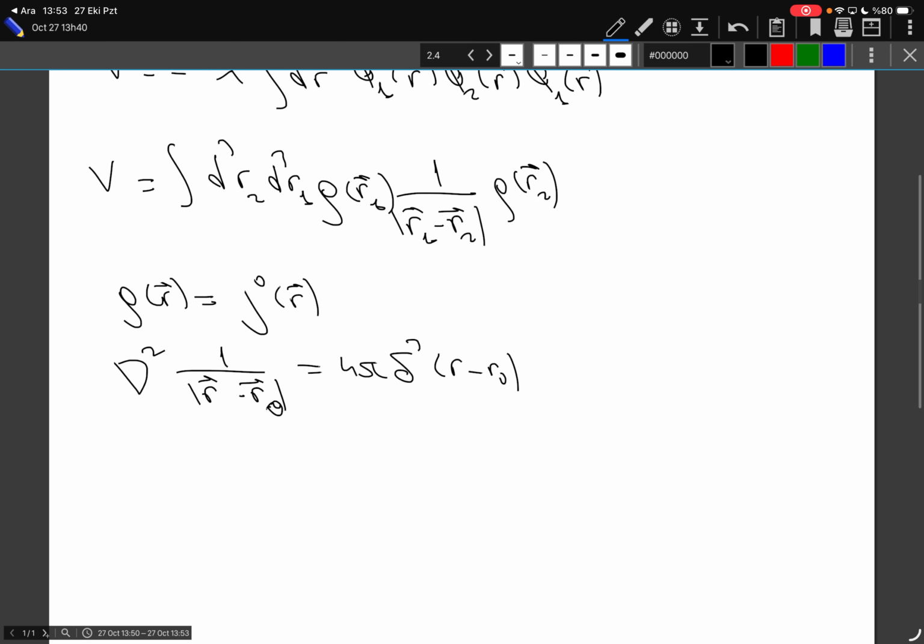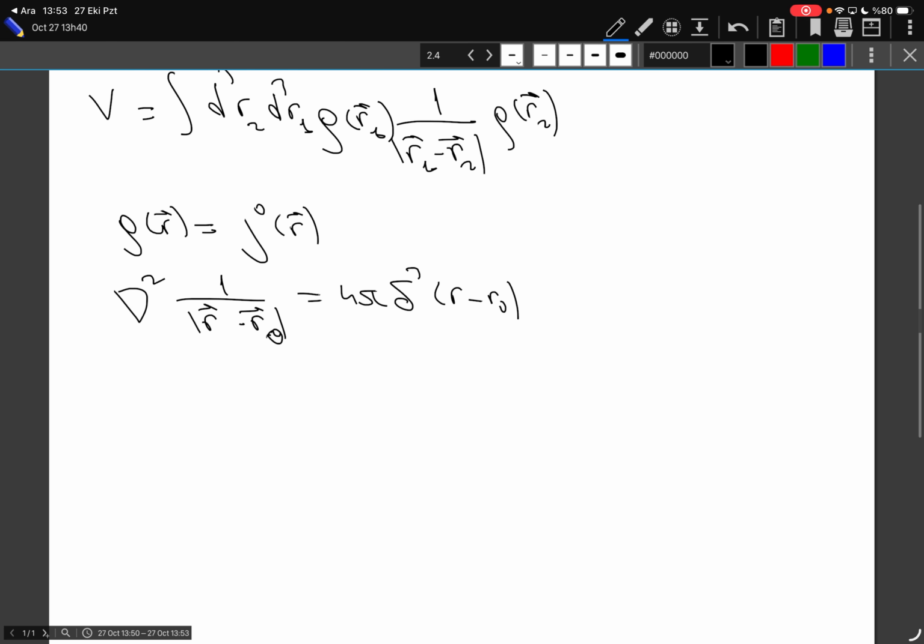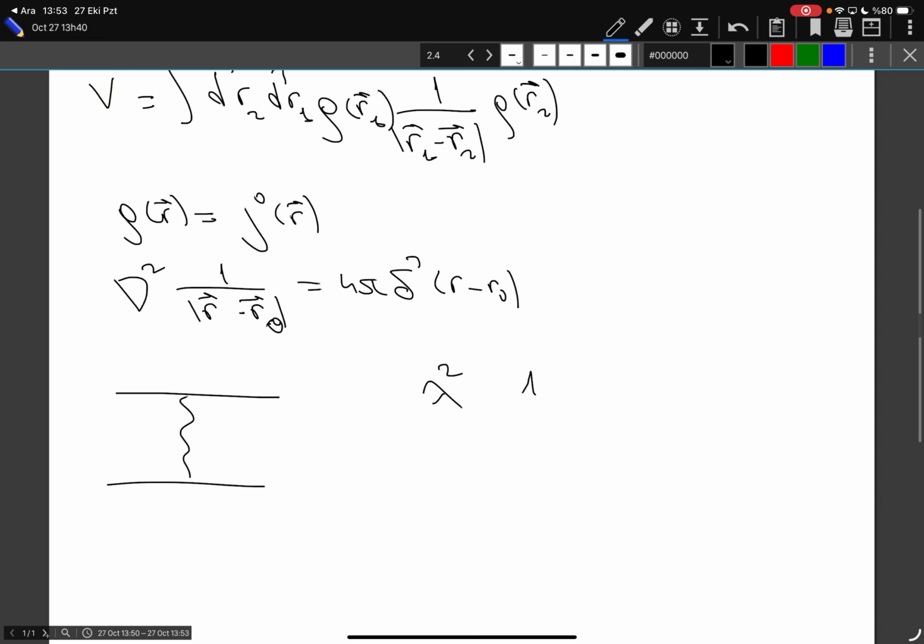Well, do you remember what we had obtained for our scattering problem? The corresponding amplitude was lambda squared times 1 over k squared minus m squared.